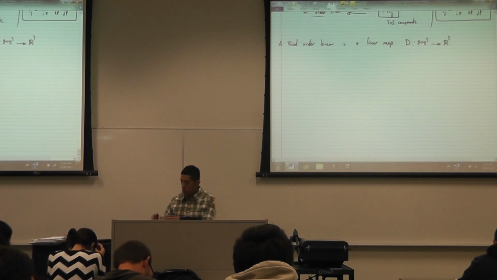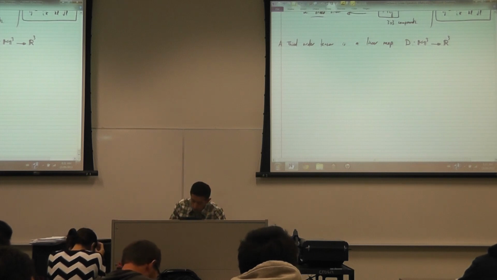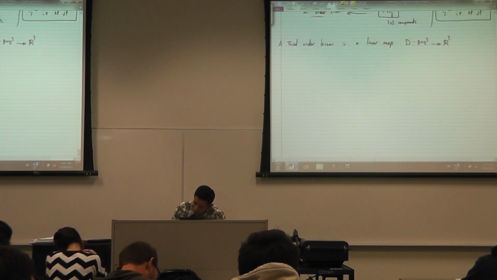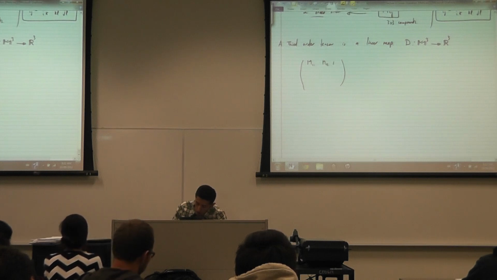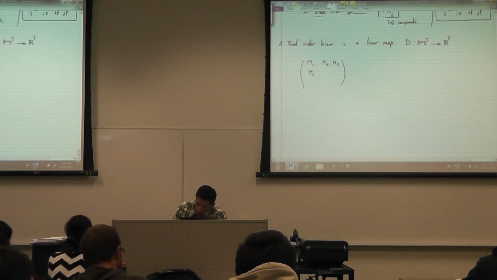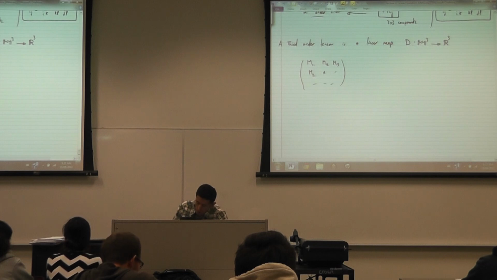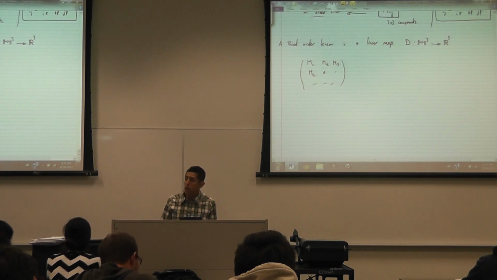How would such a map work? For every matrix, M11, M12, M13, and so on, D will have 9 constants.